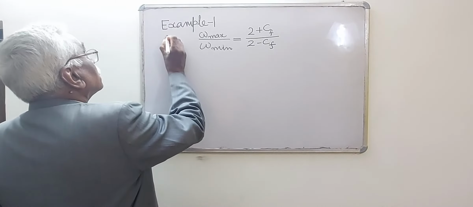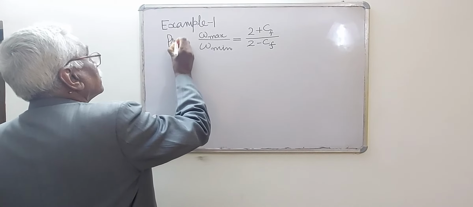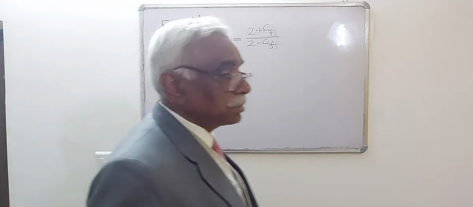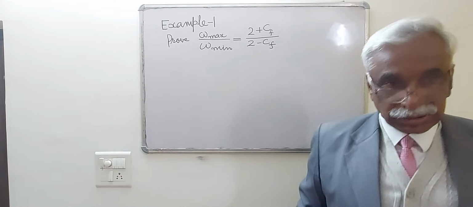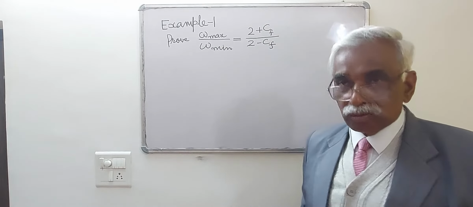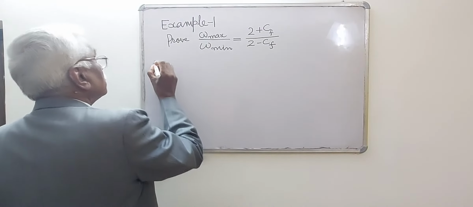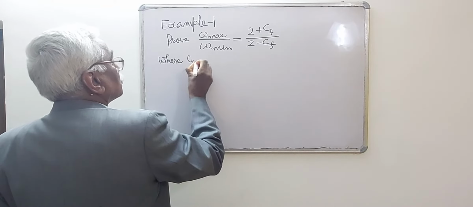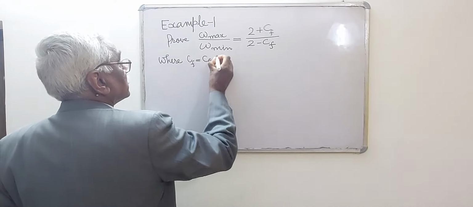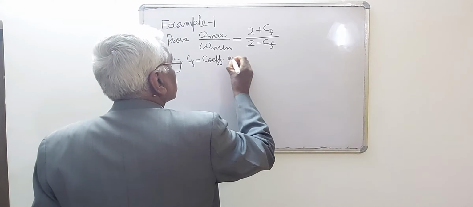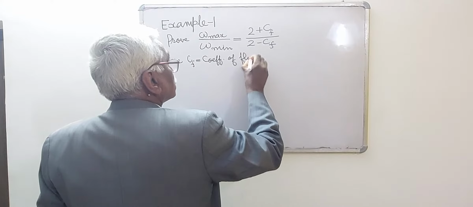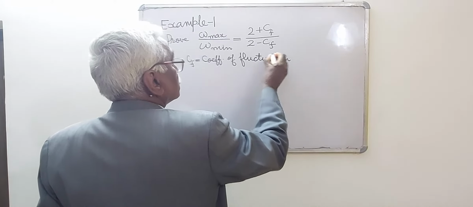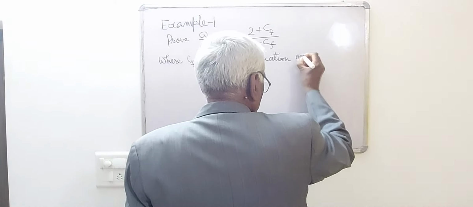Prove that omega max divided by omega minimum is equal to 2 plus CF divided by 2 minus CF, where CF is the coefficient of fluctuation of speed.